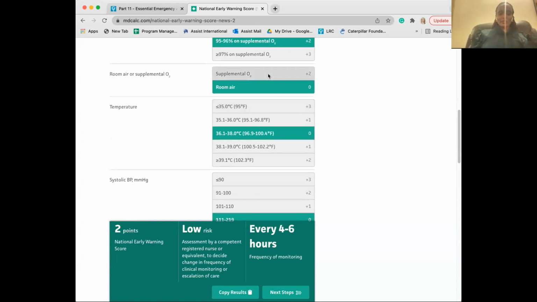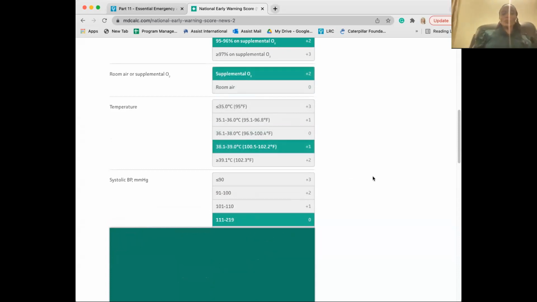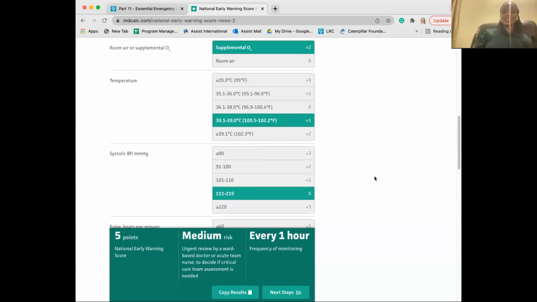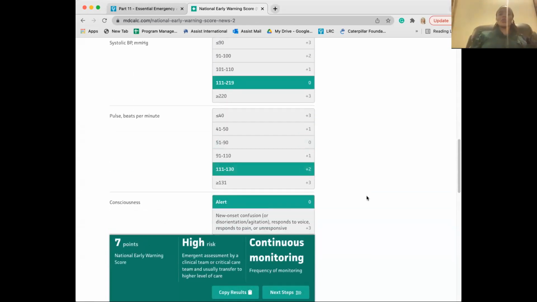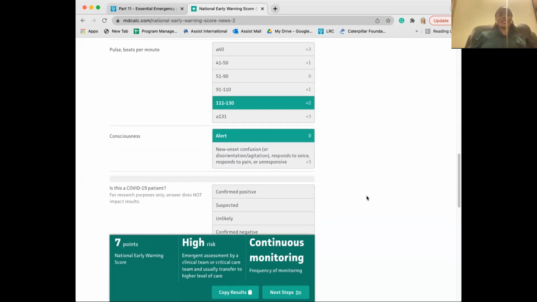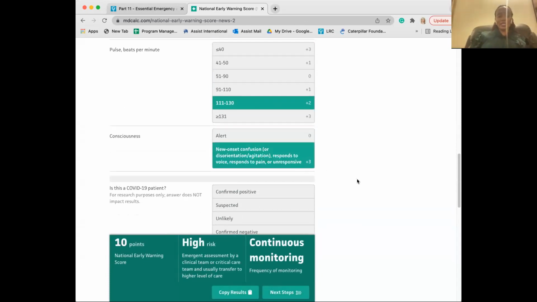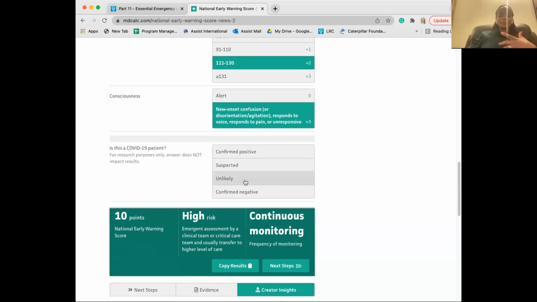The temperature, how is the blood pressure? Basically it's the vital signs that it uses to categorize the patient and give you a score. How is the pulse rate? There's a score. What is the level of consciousness? Are they alert? Is the patient COVID suspected? Is it likely or confirmed?